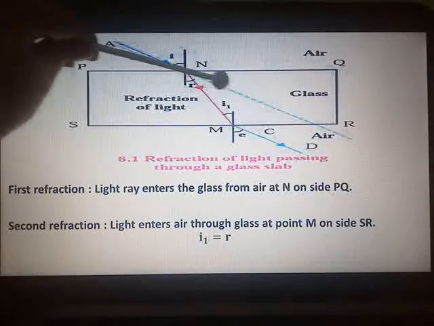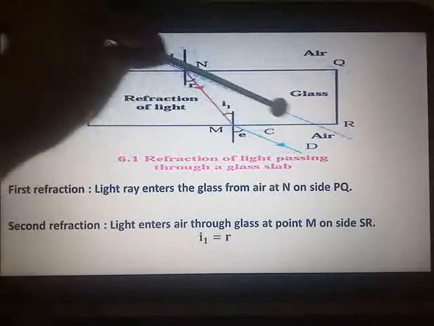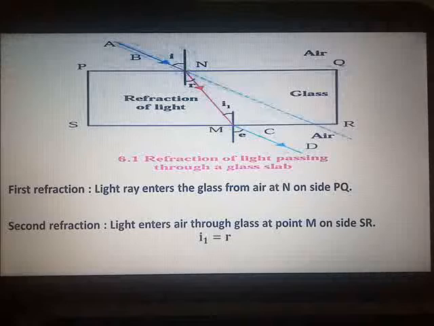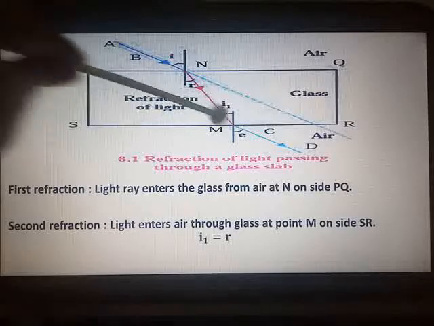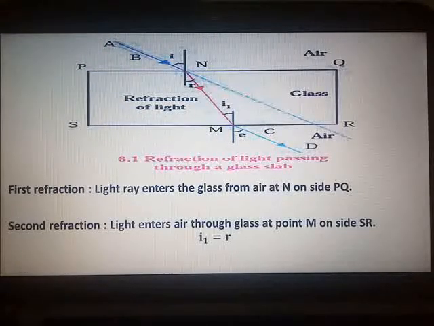You can see this is the extended ray. This MD emerging out from the glass slab is parallel to this line AN on side PQ of the slab. But the emergent ray, if you see, is somewhat displaced with respect to the incident ray. This is an experiment you are going to do in the practicals to understand the phenomenon of refraction of light.